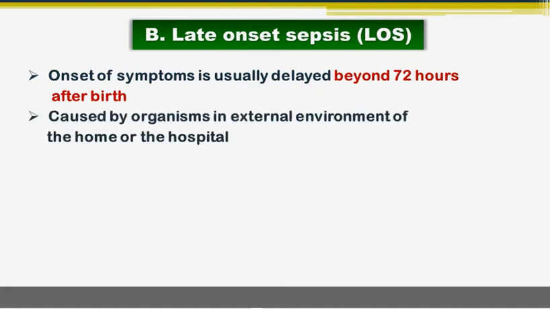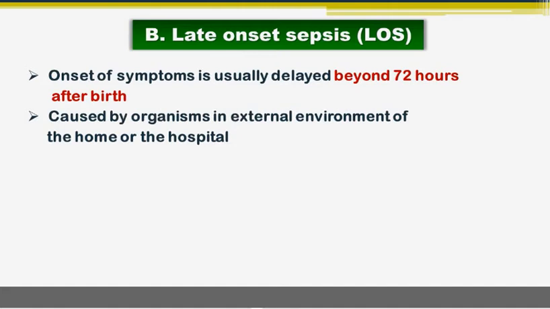So what are the causes? We say early onset may be acquired perinatally. For late onset sepsis, this is caused by organisms in the external environment of the home or the hospital. A baby inside the neonatal intensive care unit may acquire the infection from the hospital, or even from home.